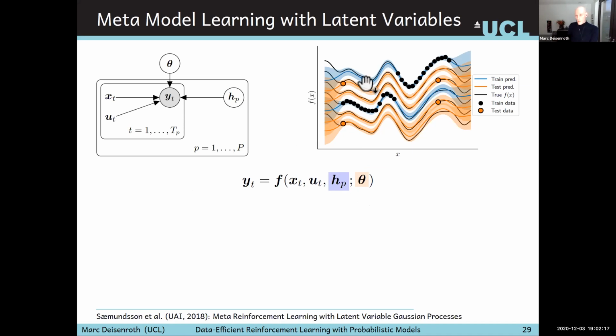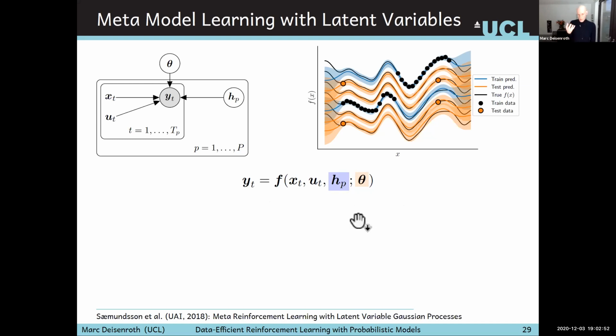So the true functions are these black functions, and they're all identical, except that they're offset from 0. Now, what we use the theta parameters for is to describe the shape of the function, and the h parameter to describe how much offset each individual function is from 0. If you were to write down y equals f of x plus h, then you would exactly get these functions here if you choose the right offset h.